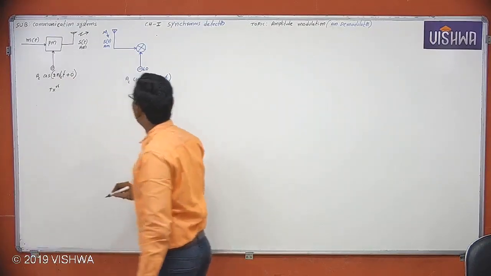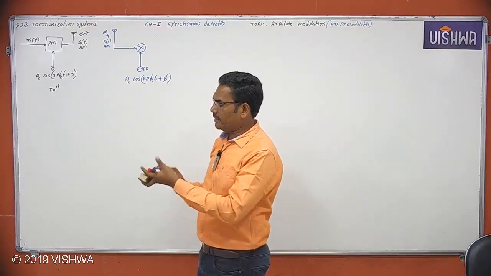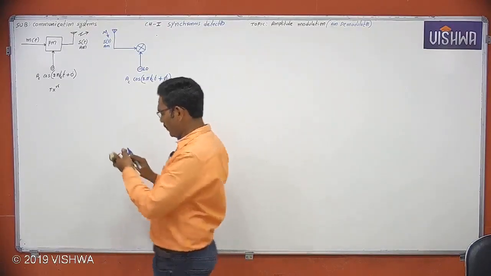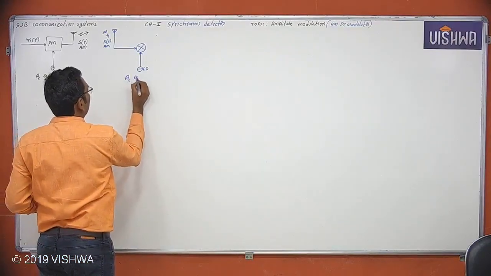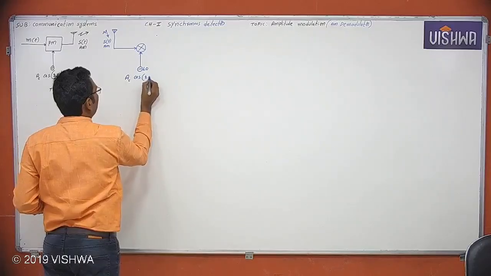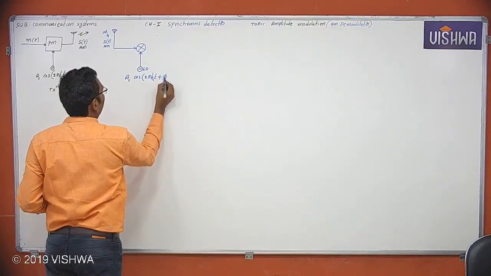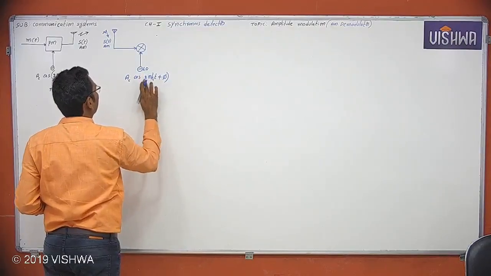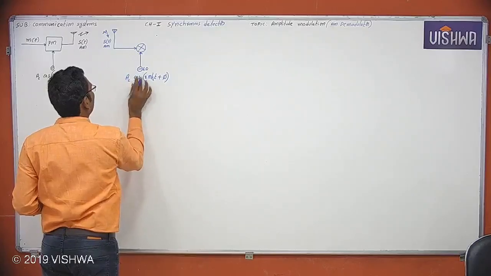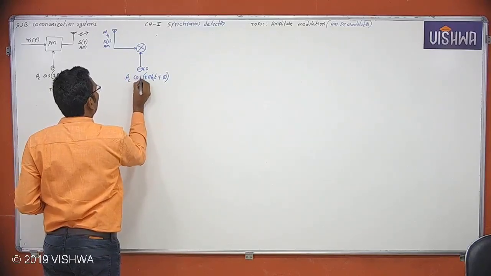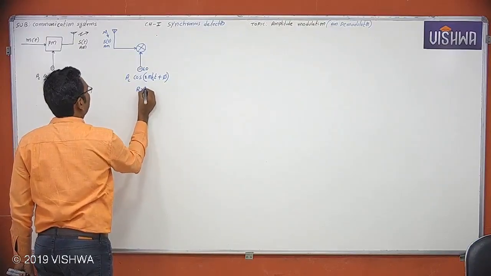but unfortunately my local oscillator at the receiver side is not able to generate the same phase. It will generate a phase of some phi. Now this is Ac cos(2 pi fc t plus phi) at the receiver side.